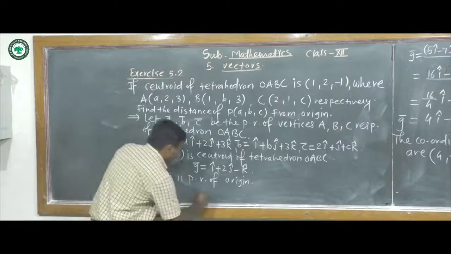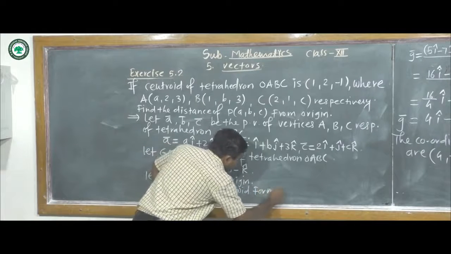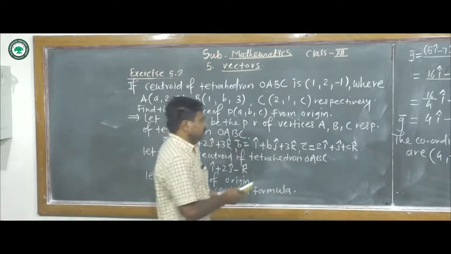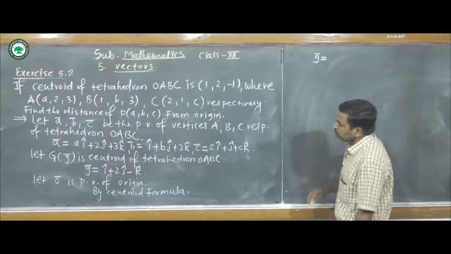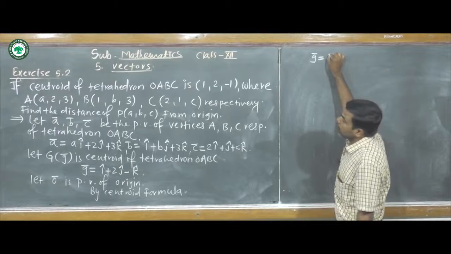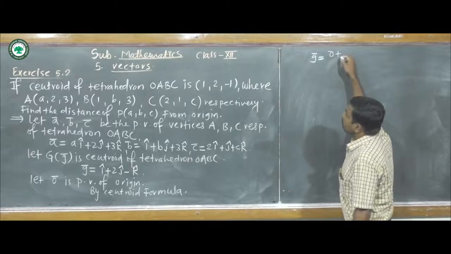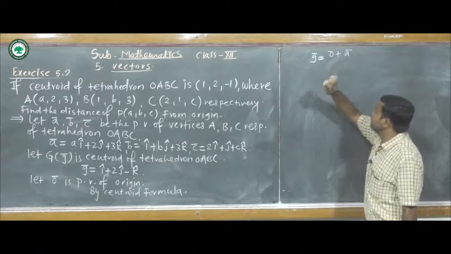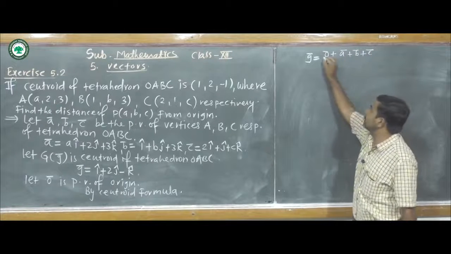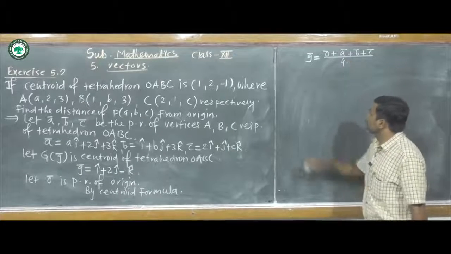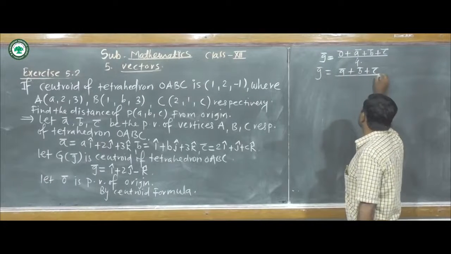So therefore, by centroid formula, small z bar is equal to the position vector of the first vertex O, which is origin, so its position vector is 0 bar, plus position vector of the point A, that is A bar, plus position vector of the point B, that is B bar, plus position vector of the point C, that is C bar, divided by 4. So that is Z bar is equal to A bar plus B bar plus C bar divided by 4.